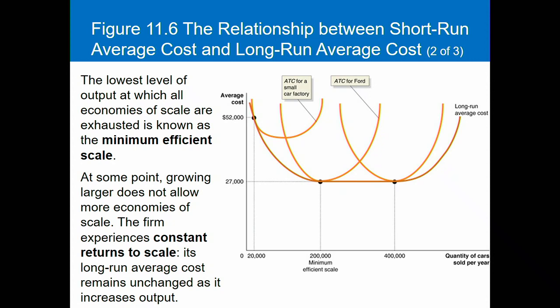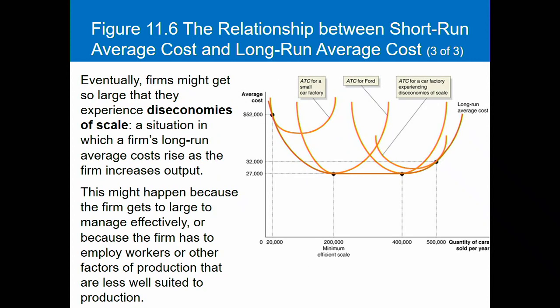So first you have economies of scale, where as a firm gets larger and larger, their costs fall. Then they experience constant returns to scale, so their average long run costs are staying the same, no matter how much they increase production. Eventually, as a firm grows larger and larger, those costs are going to increase. Their average cost is going to increase.